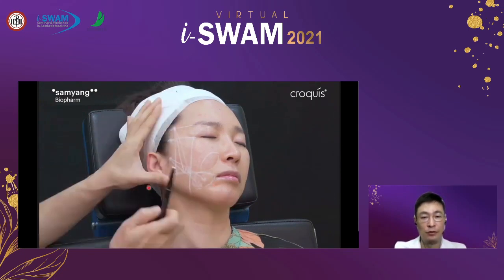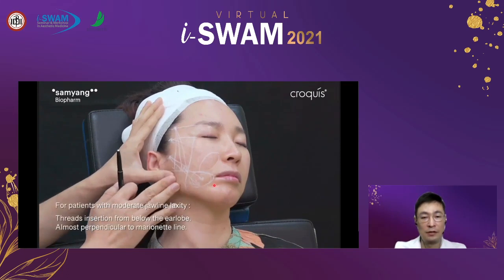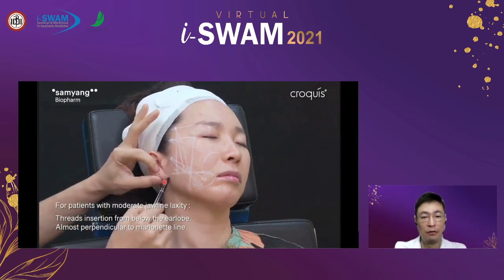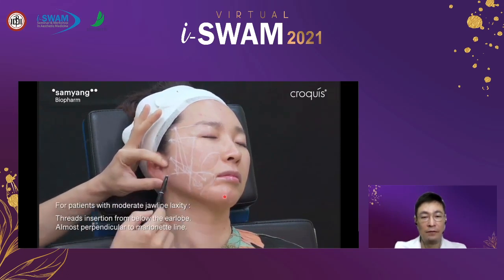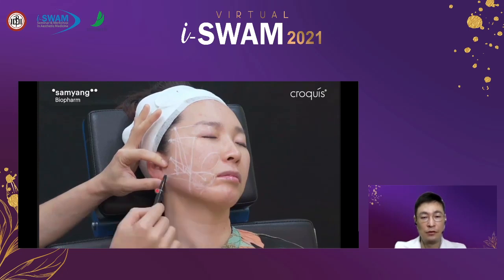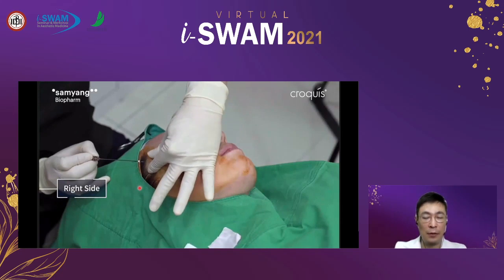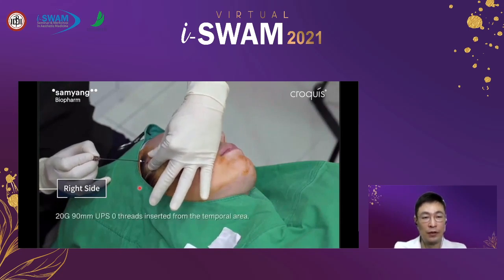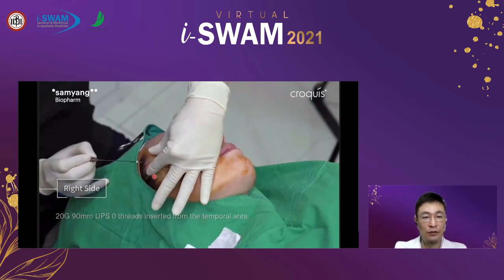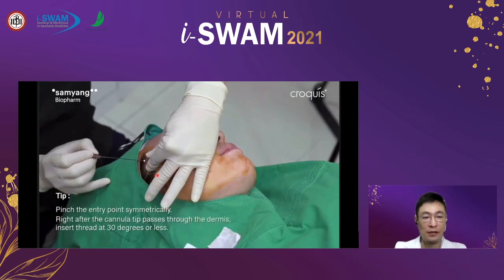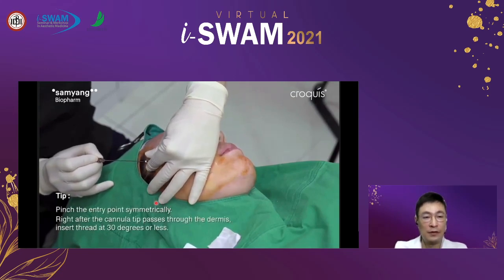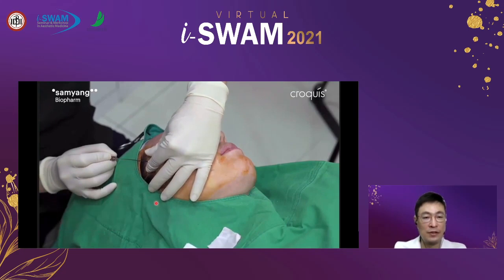And you can put more threads in a more horizontal direction if the patient has a jawline distortion or a too definite, obvious marionette line. But for younger patients, you only need to make two entry points. That's enough. Before inserting the thread, pinch the skin symmetrically.